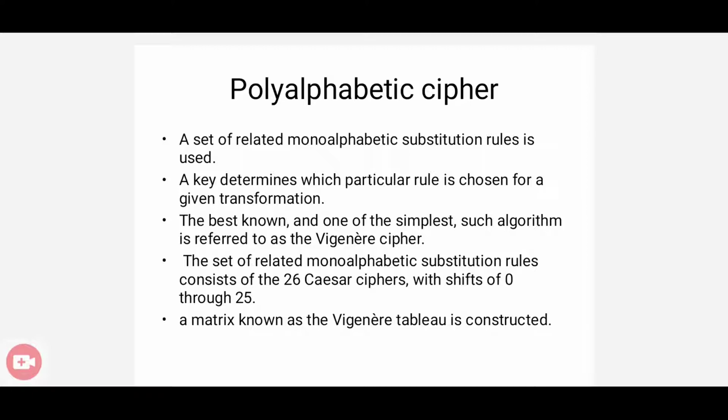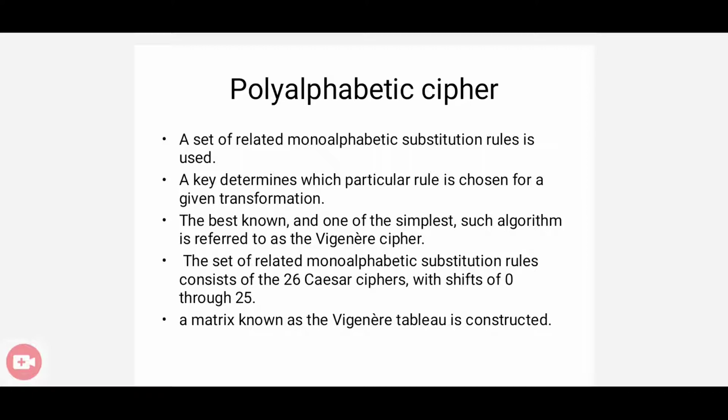Here we can use a set of related monoalphabetic substitution rules consisting of 26 Caesar ciphers with shifts from 0 to 25. Also, we can use a Vigenere table here for the substitution. So, a polyalphabetic cipher is a substitution mechanism in which a number of monoalphabetic ciphers are used.